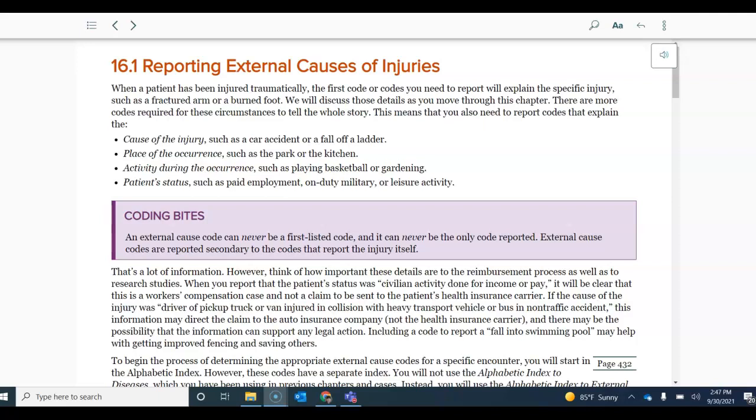When you look there, you see that it says that external cause codes can be used with any other I-10 codes. They're also to be used for the length of the treatment.